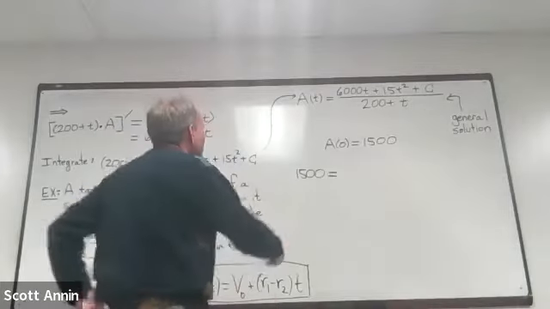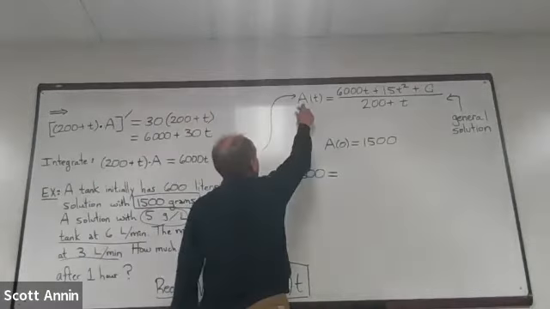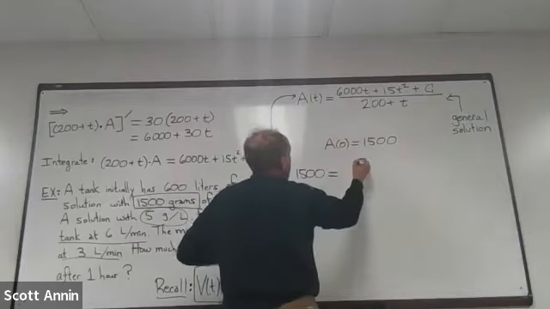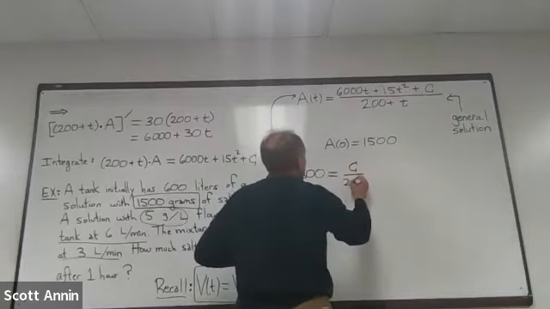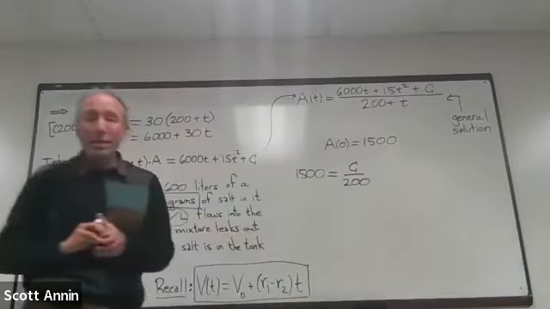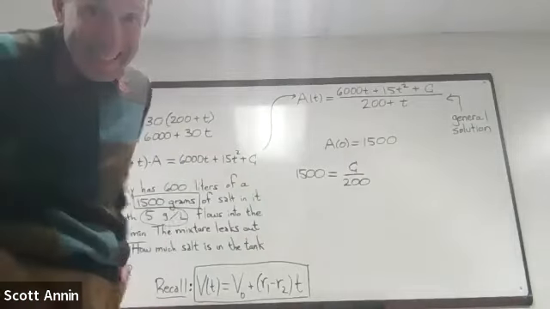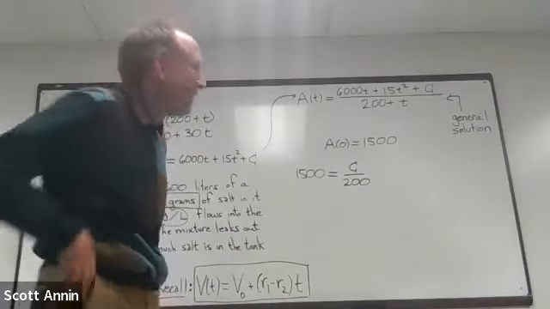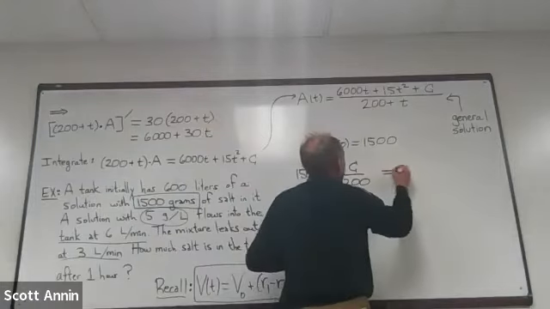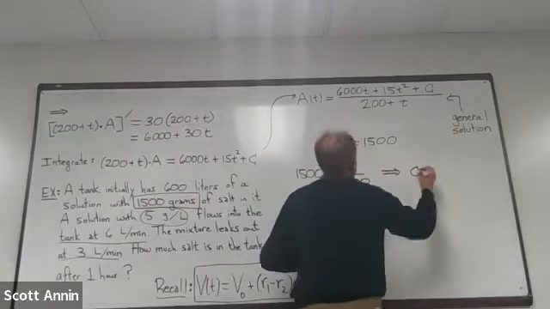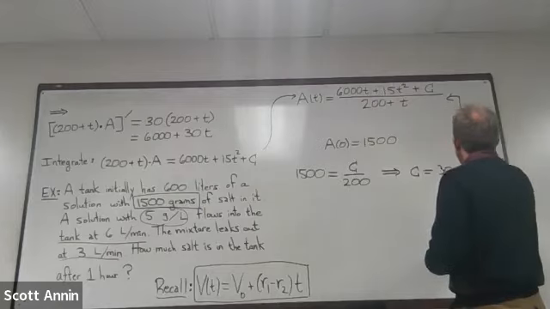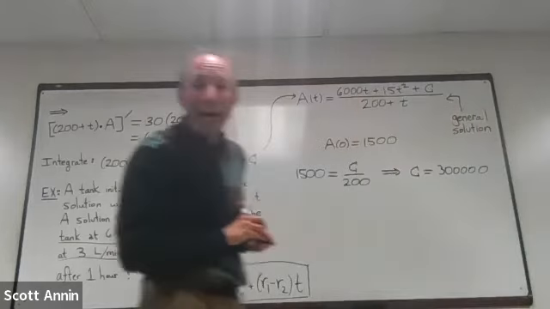So what I'm going to do right now, I'm going to put in 1,500 for the A of t part, and everywhere on the right-hand side, I'm going to put t to be 0. And what I will notice is the only things that don't disappear are the c on top and the 200 on the bottom. When you simplify that and solve for c, you are going to get a 3 with a lot of zeros behind it. It should be 300,000.